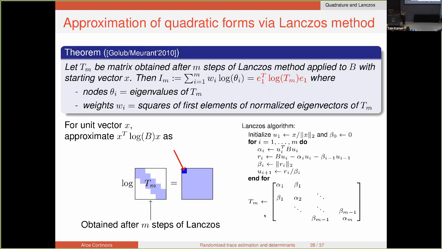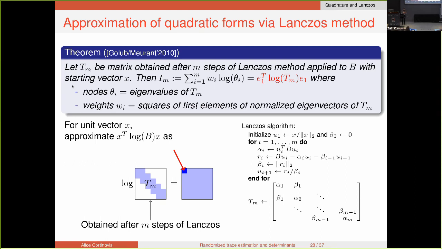To compute the weights and nodes of this Gauss quadrature rule, you can use the Lanczos algorithm, which was presented before, so I don't need to say anything about it. But basically what you get is a symmetric tridiagonal matrix, which we call T_m.